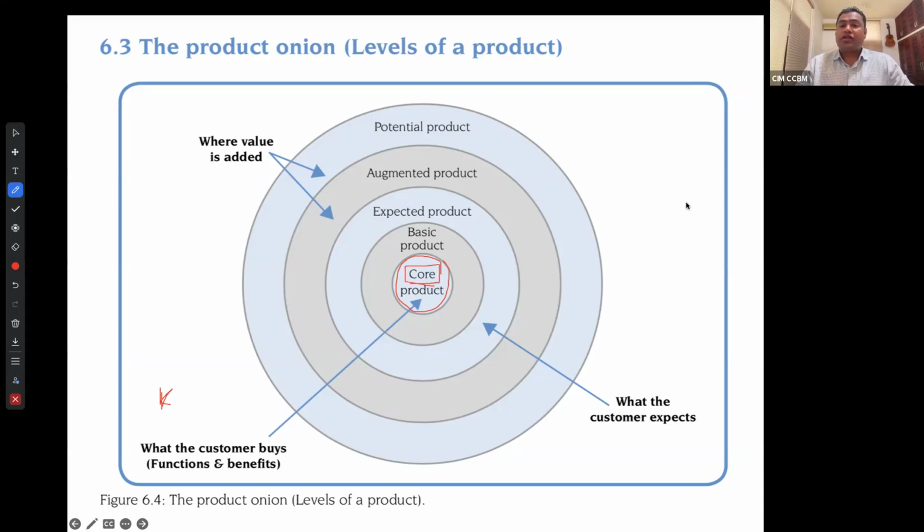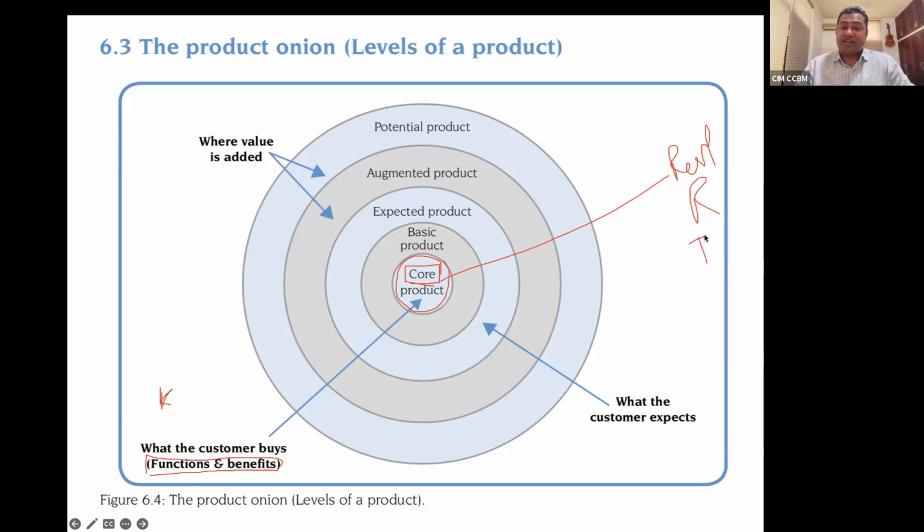Let's say you are going to stay in a hotel, CIM Grand. What is the core product? What is the fundamental need and the benefit being satisfied? The fundamental core product there is rest, relaxation, tranquility.